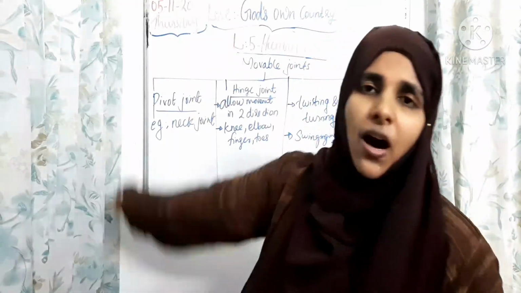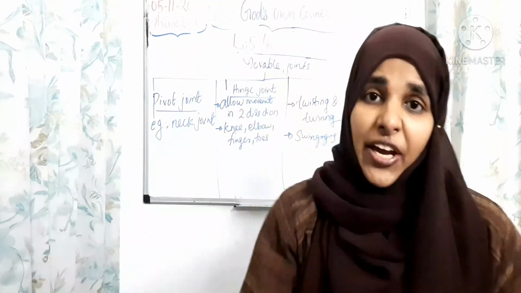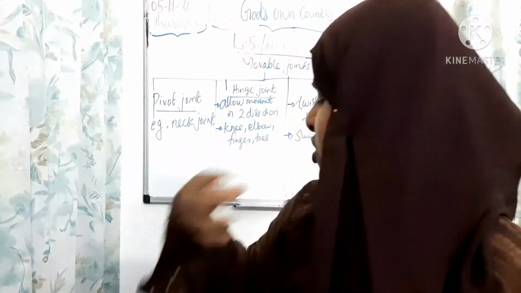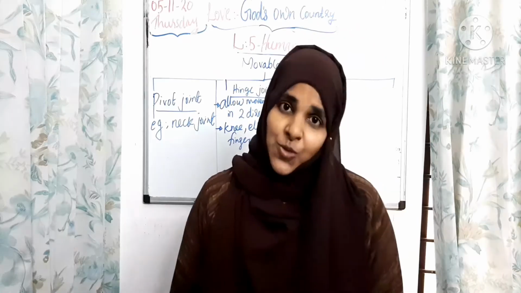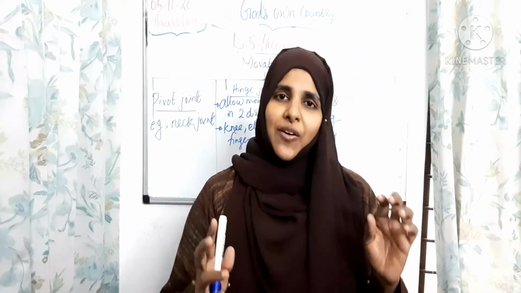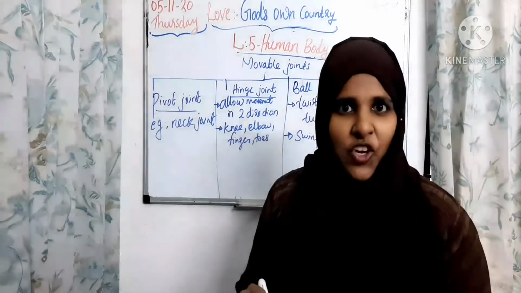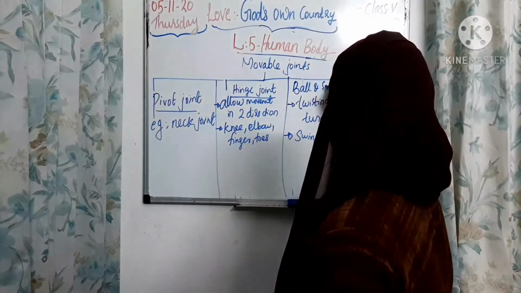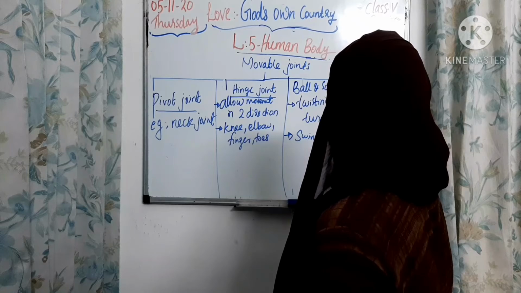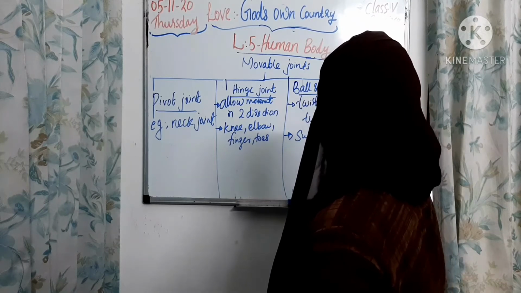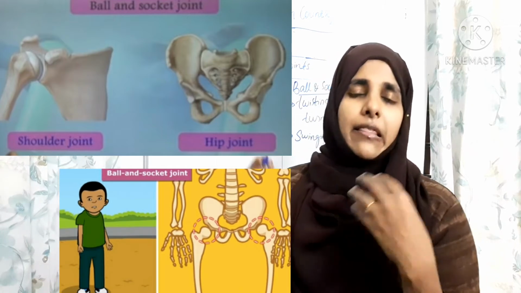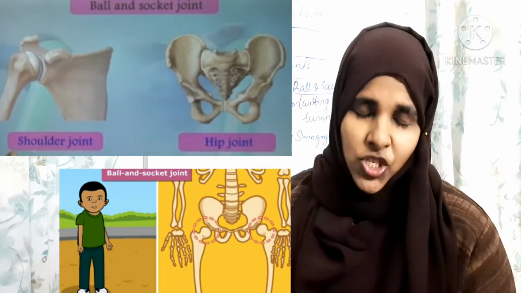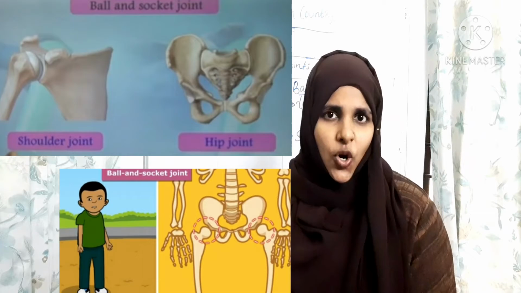That's why we can swing and rotate our arm easily. Similarly, the leg and hip are connected with this joint, so we can turn and twist our hips easily. The ball-like structure is fixed to the socket-like structure, and that is the ball and socket joint. Examples are the shoulder joint and hip joint.